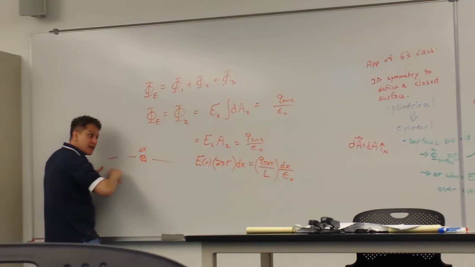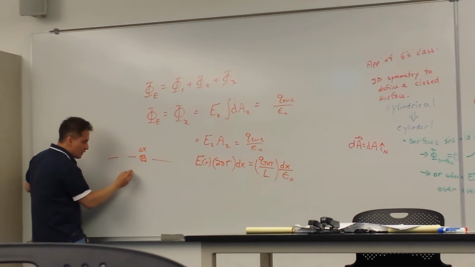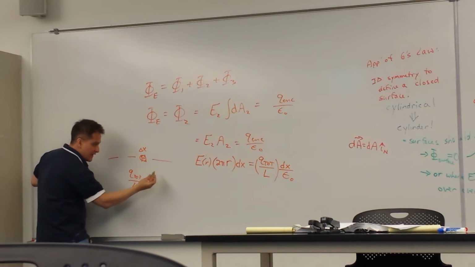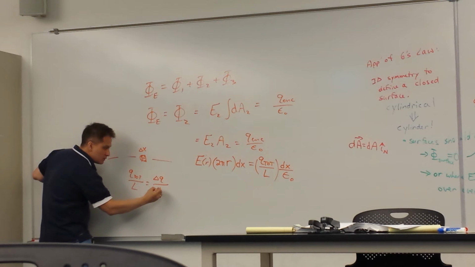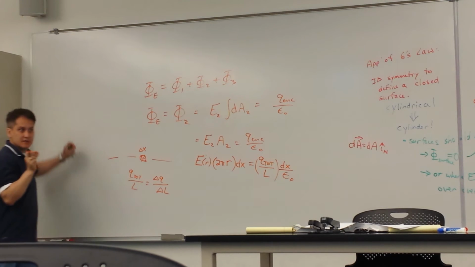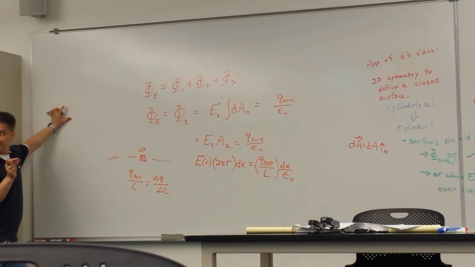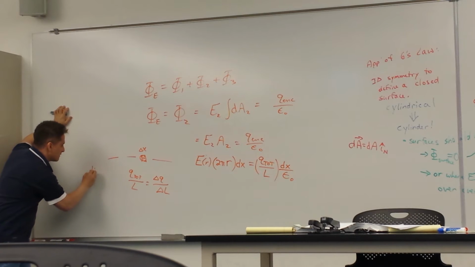But fortunately, because it's uniform, the ratio of Q total to L will be the same for any delta Q over any distance delta L. It's just the linear density, without necessarily having to define that extra term. It is a linear charge density.